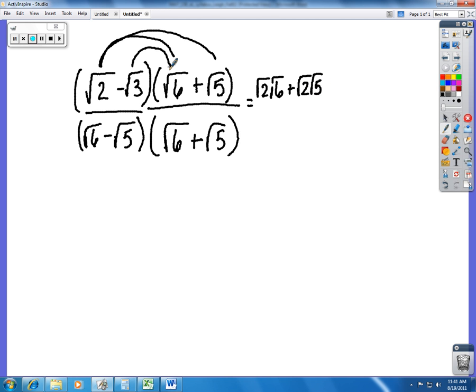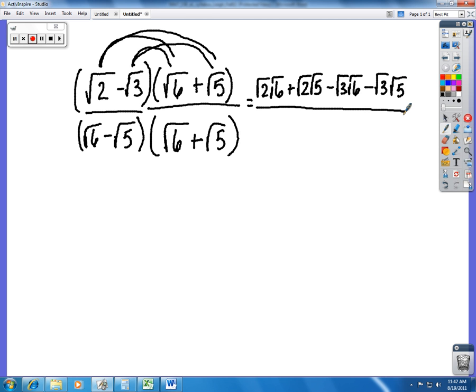And then inner, we've got a negative square root of 3 times the square root of 6. So that's going to be minus 3 and 6. And then we've got a negative square root of 3 times a positive square root of 5. So we've got another minus root 3, root 5.